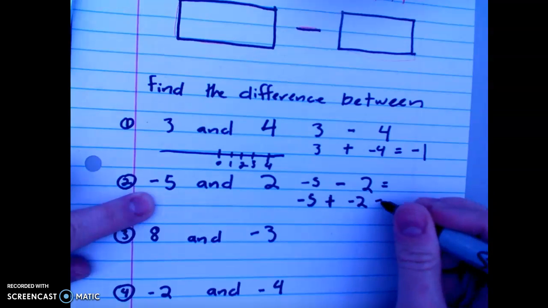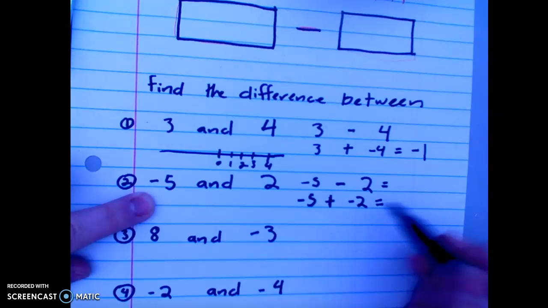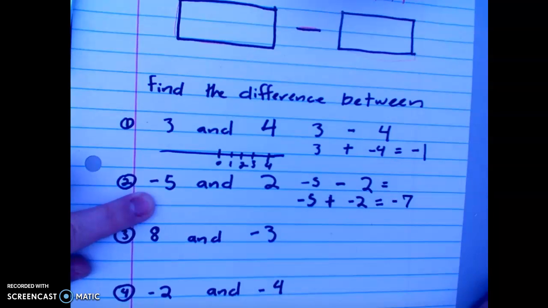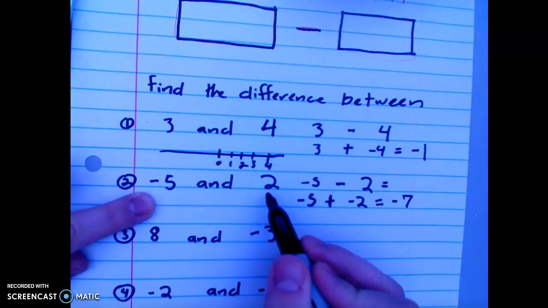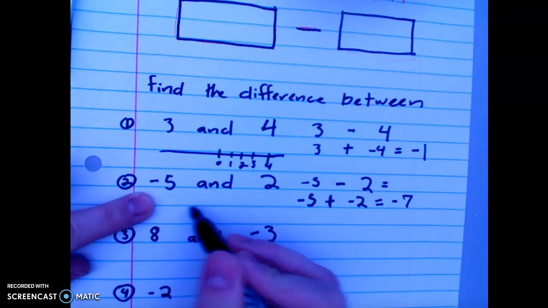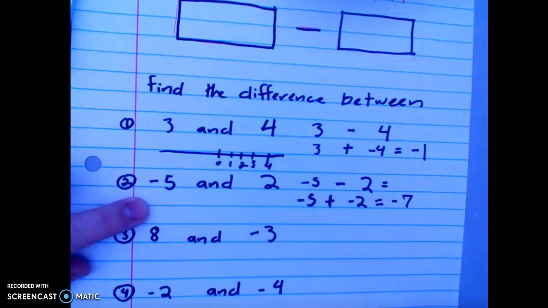Now I can follow our addition rules and say 5 plus 2 is 7. They were both negative, so it's negative 7. So if I were to look at 5 and 2 on a number line, they would be 7 spaces apart. And the direction to go from 2 to 5 would be negative. Okay, cool, we're doing it.